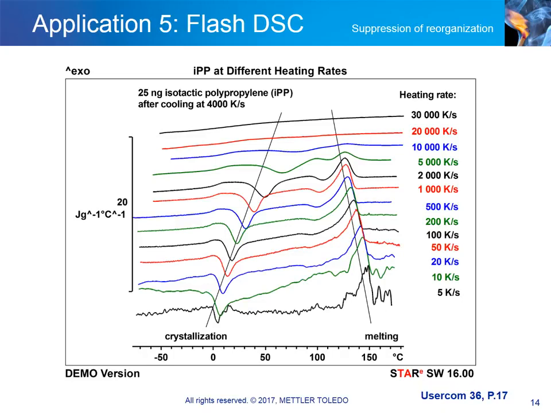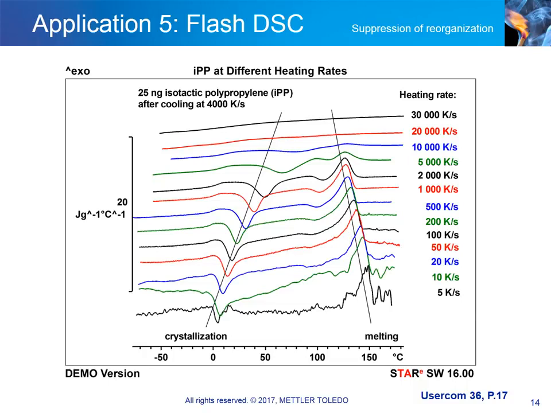In some materials, an exothermic event known as cold crystallization can occur between the glass transition and the melting peak. Cold crystallization is a reorganizational process which changes the structure of the material.